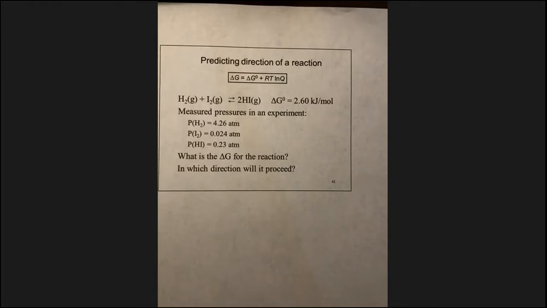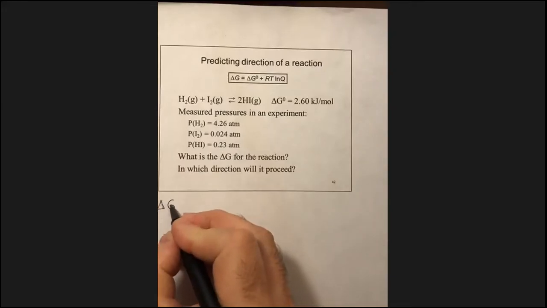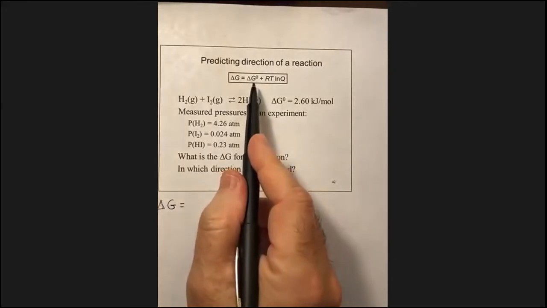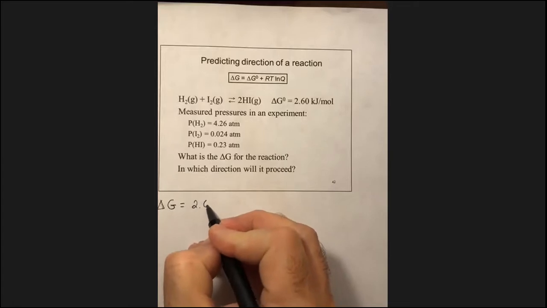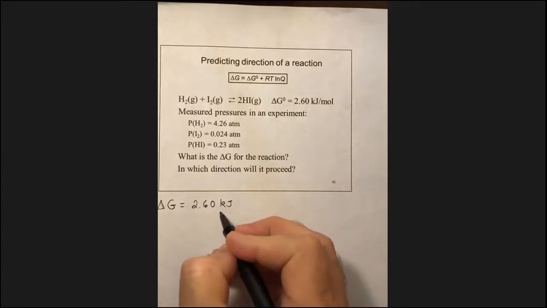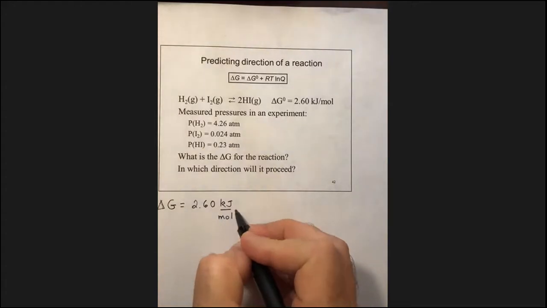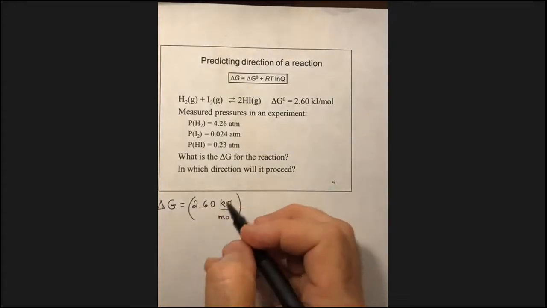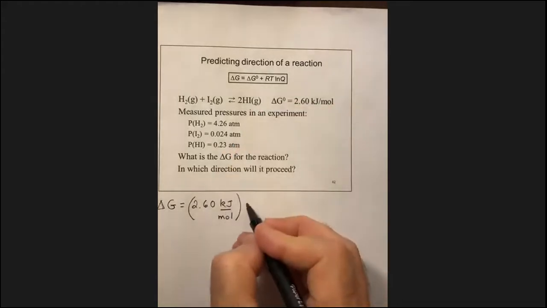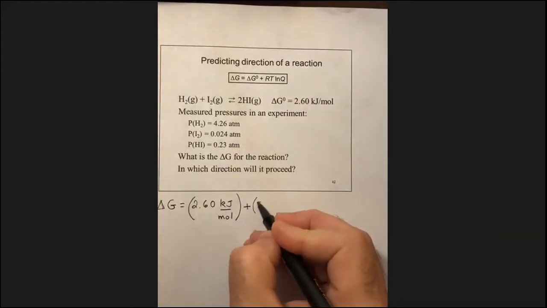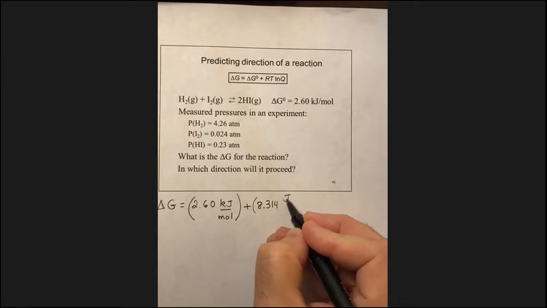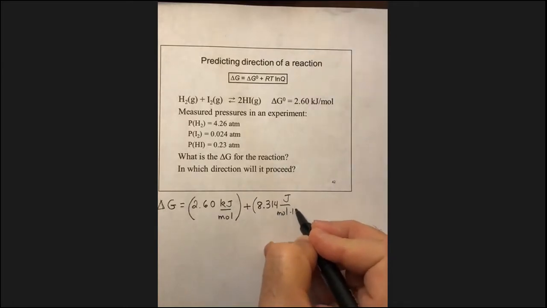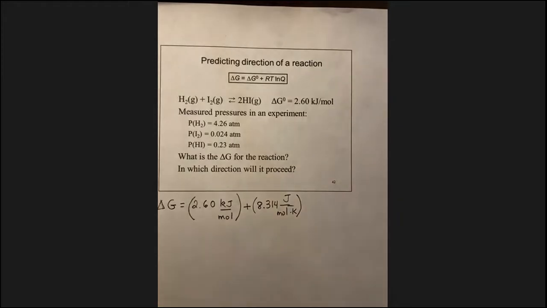Delta G is delta G naught, the standard delta G, which in this experiment is 2.60 kilojoules per mole, plus R, which is 8.314 joules per mole per Kelvin, times the temperature.